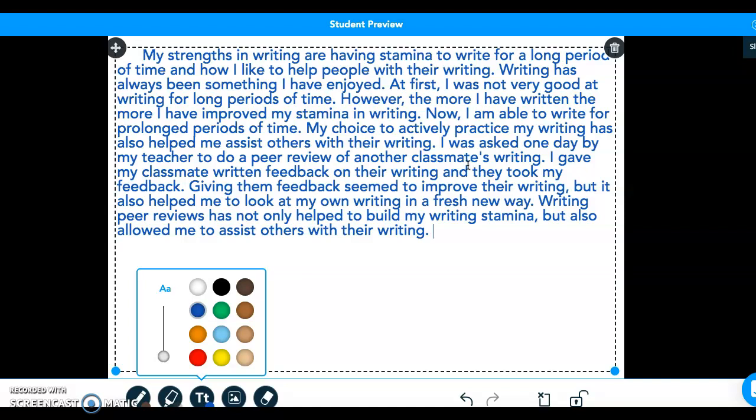So it's best if my last sentence transitions the reader to the next thought. And the next thing I'm going to talk about is my weaknesses in writing. And I know this because the main idea of my second paragraph is going to be about my weaknesses.